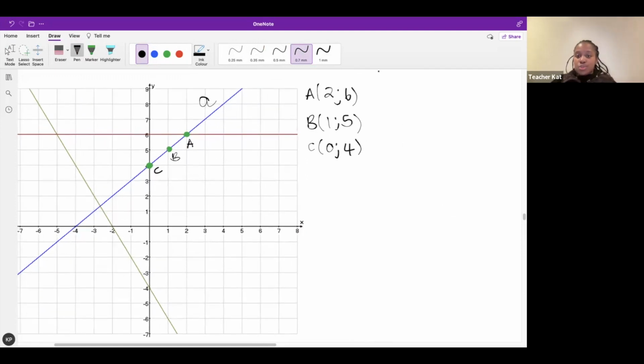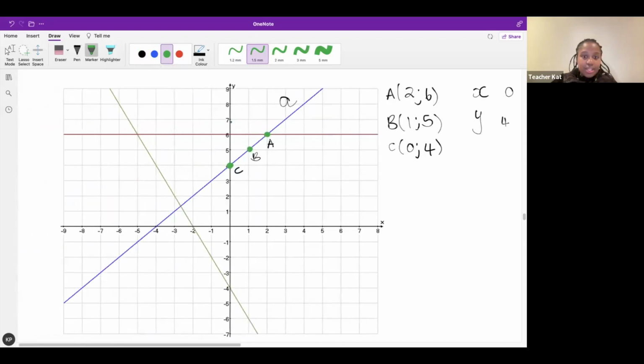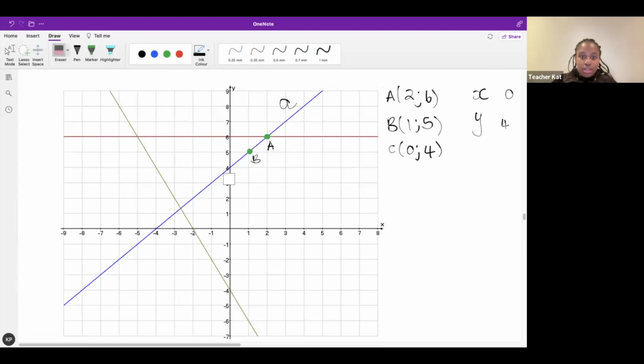Okay, if I were to draw these in a table, I would have my X and my Y. And as I said, your X's have to be increasing. Let's not make the same mistake we almost made. Okay, so X has to be 0, 1, 2, which means my Y's are 4, 5, and 6. 4 in C is on the axis.